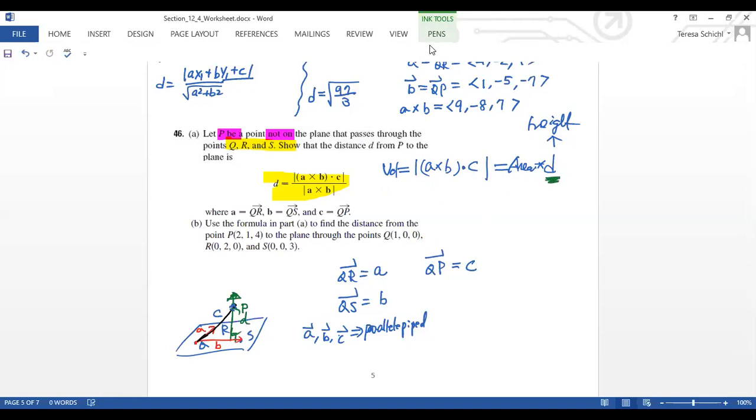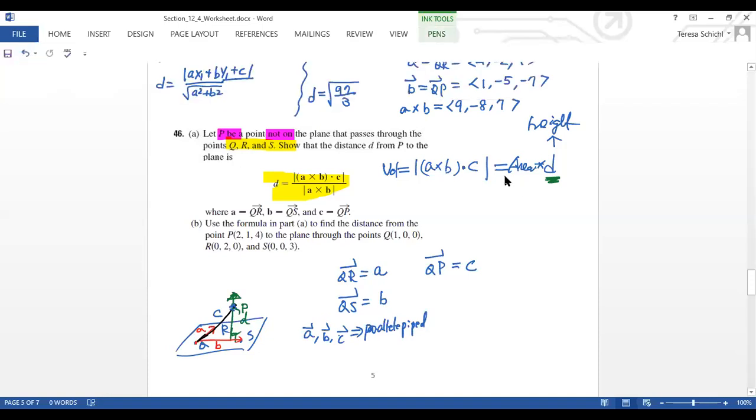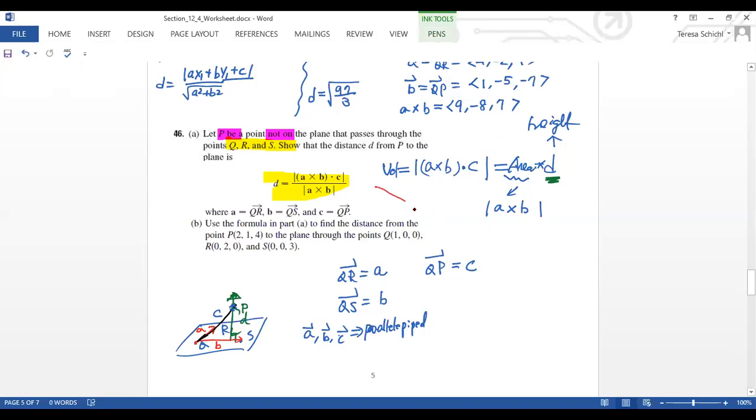Then by the parallelogram series, I know what my area is. My area is just the length of A cross B, right? So now you have these formulas here.